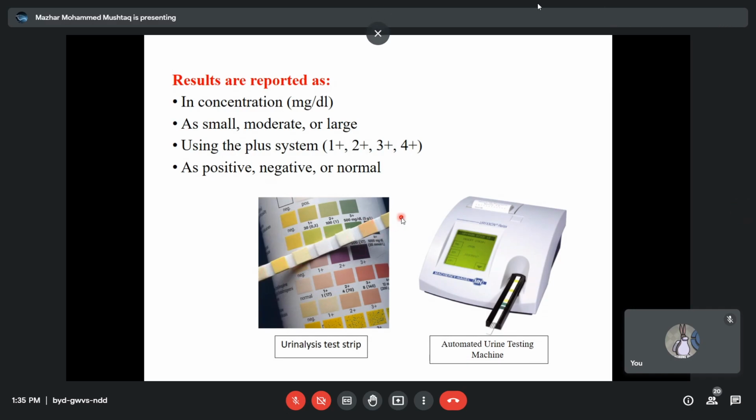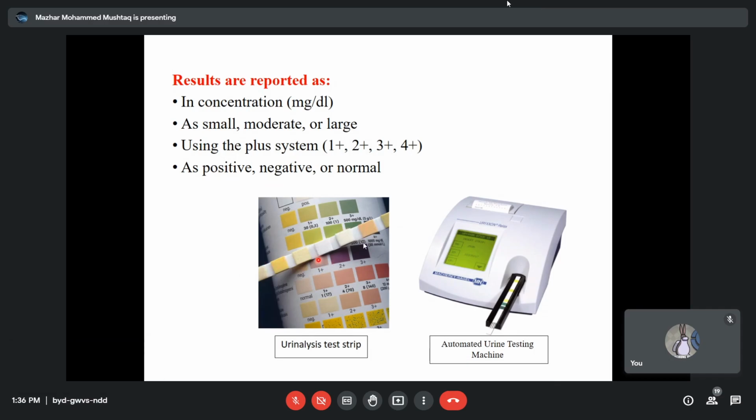I don't remember if I had showed you this strip in 1.3, but definitely in 3.2, when you are in the third year, you will perform it, and then you will understand it. So these are the different ways to express the result of the urine analysis.